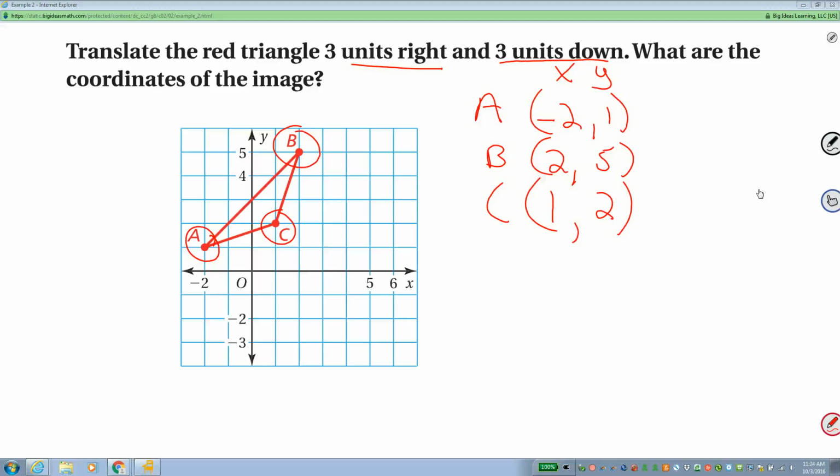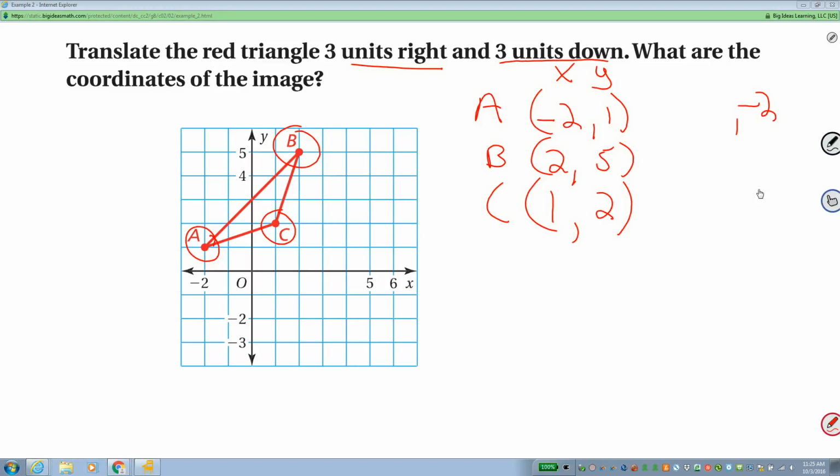So in this case, it's telling us to move the Y value up or down? Down. So we have to do what to our Y value? Yes, sir? Subtract. So it wants us to move them 3 units down. So in this case, if we take and minus 3 from 1, what is our new value? Jacob? -2.